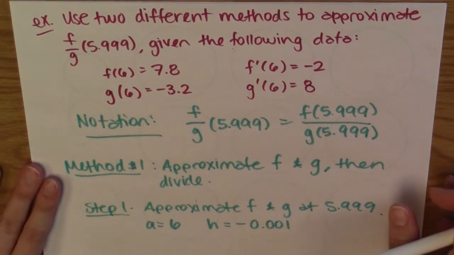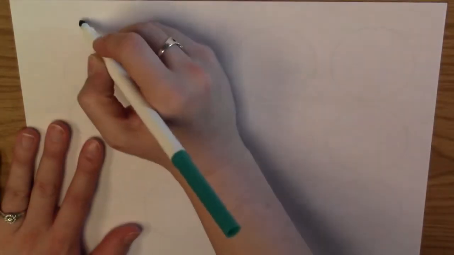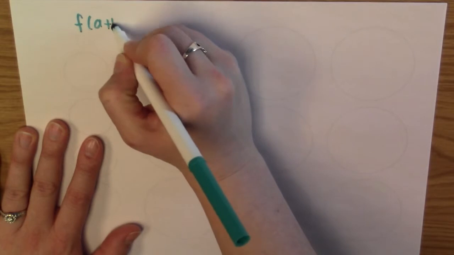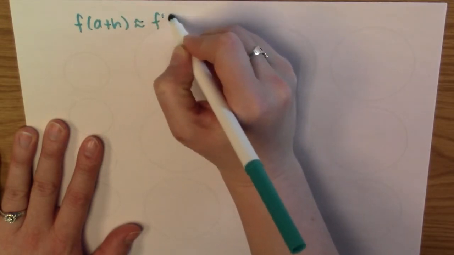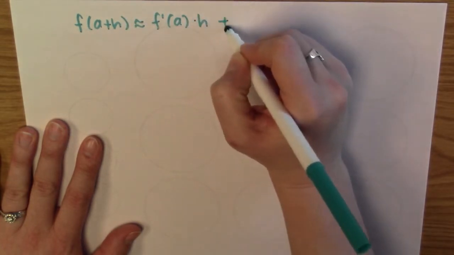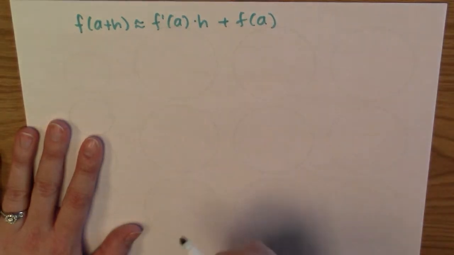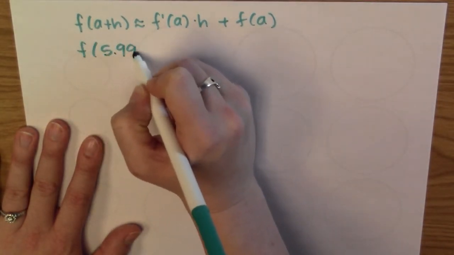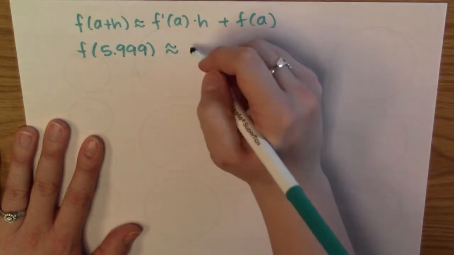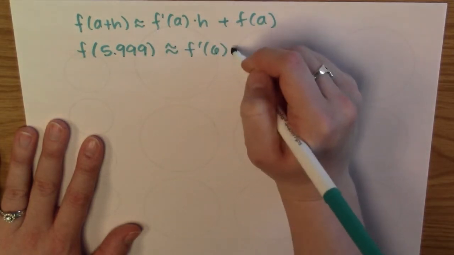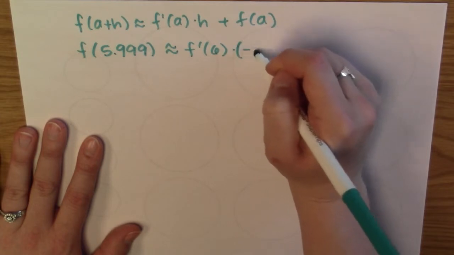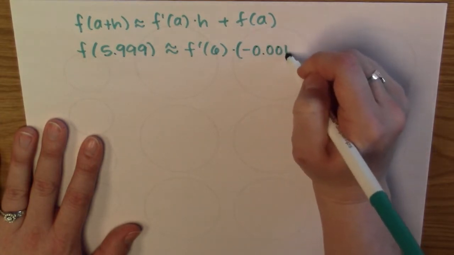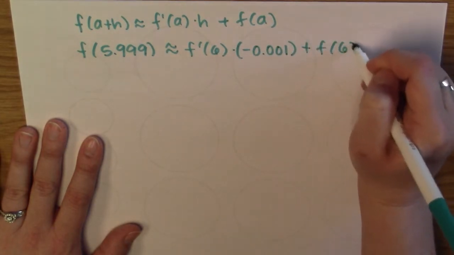All right, so we know that the linearization is given by this formula. f of a plus h is approximately f prime at a times h plus f at a. Well, f at a plus h in this case is f of 5.999, so that's approximately f prime at 6 times our h, which is negative 0.001, plus our f value at 6.